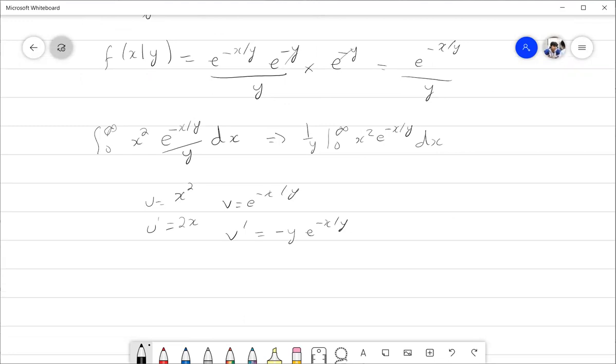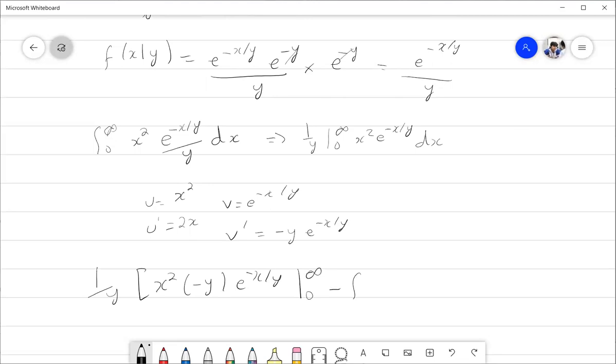So I'm going to input this into the integration by parts equation, which will give us 1 upon y, the constant will just stay outside, so this will be u v dash, which is x square into minus y e to the power minus x upon y, and I think that's it. So we'll put limits on this, 0 till infinity.